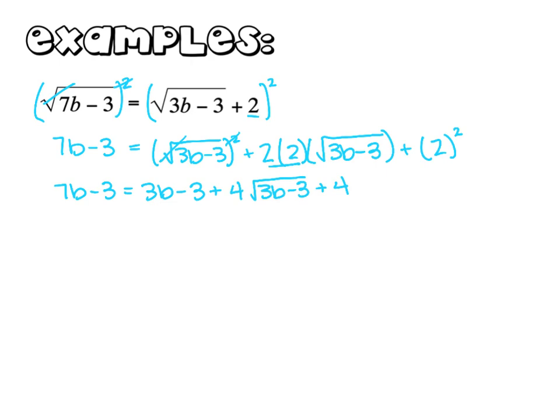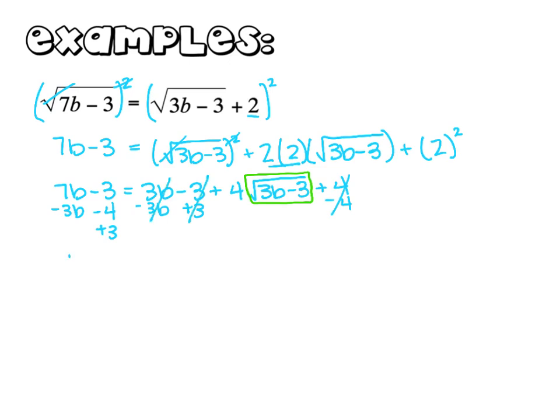Now I have to start over, since this is still a radical equation, and I have to get this radical by itself. Right? So I'm going to move all of the stuff that's not part of that radical over to the other side. I'm going to start by subtracting 4 and subtracting 3b and adding 3. Right, so move all of that stuff over.